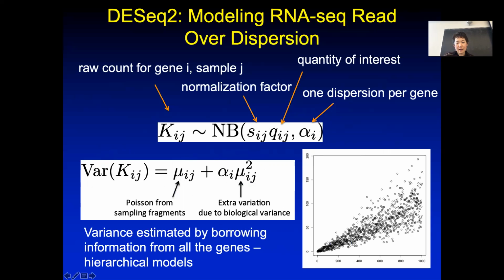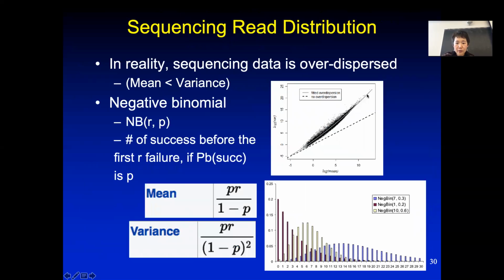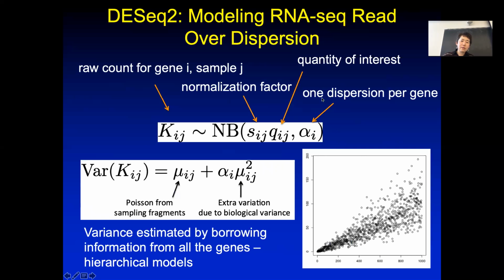So you can see here, this is like mean. Actually, maybe like this, you can use this distribution. You can estimate at specific mean what is the actual variance. You can estimate this scaling factor, the dispersion factor, for the gene.